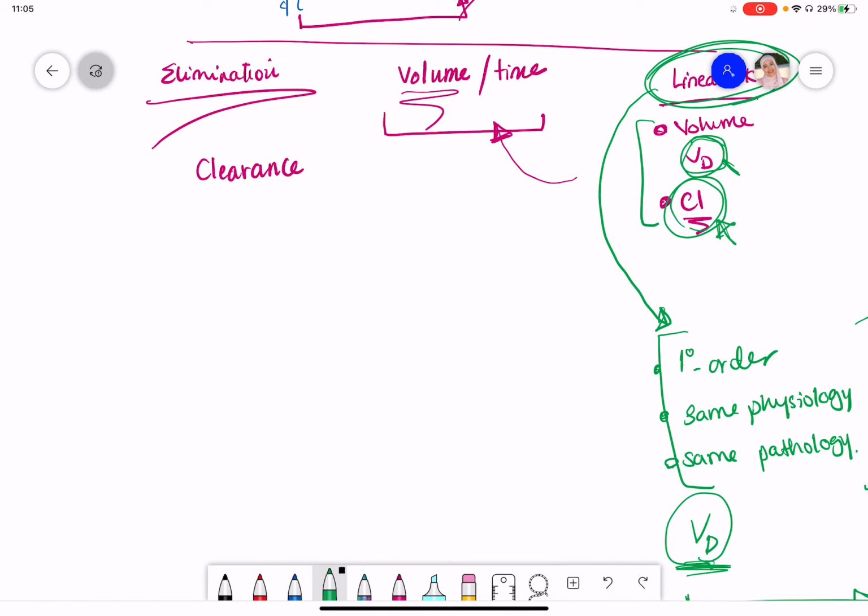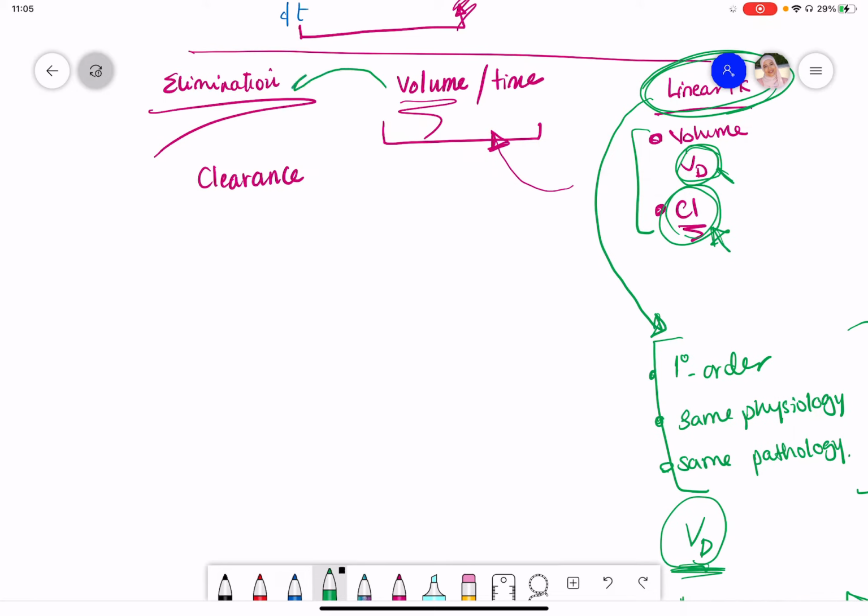Because we want to describe the elimination in a way, or using a term or parameter, that is constant, defining the elimination of the exact drug that we are studying or testing. Okay, so again, clearance, as a definition, is a measurement of the elimination of the drug regardless of the exact process.